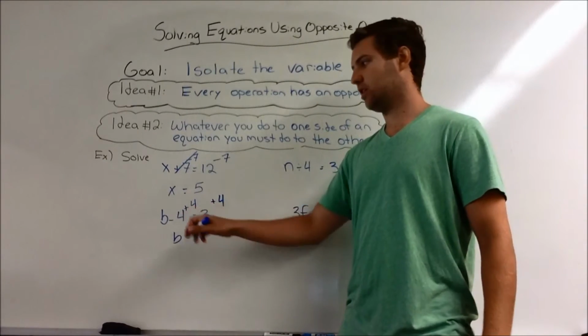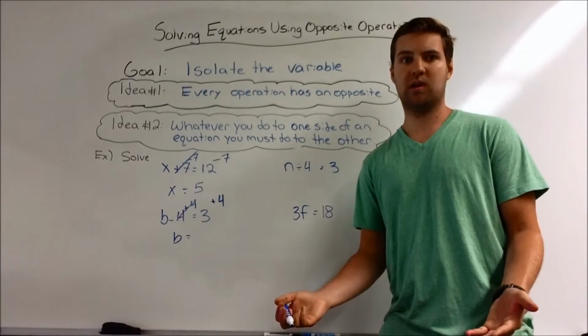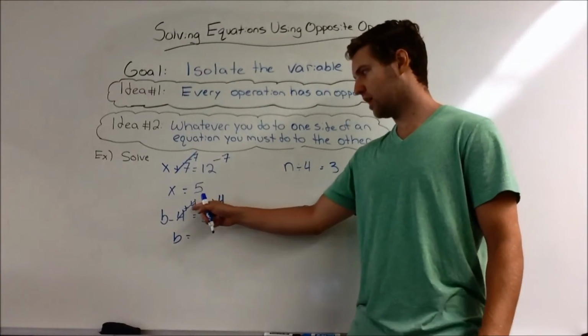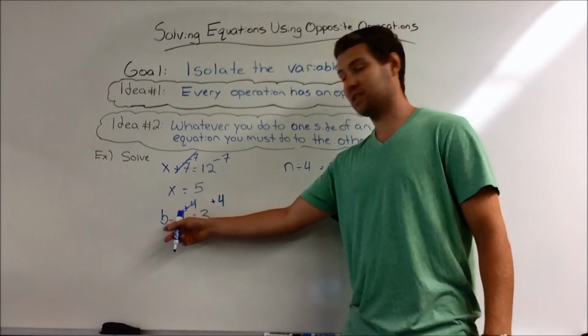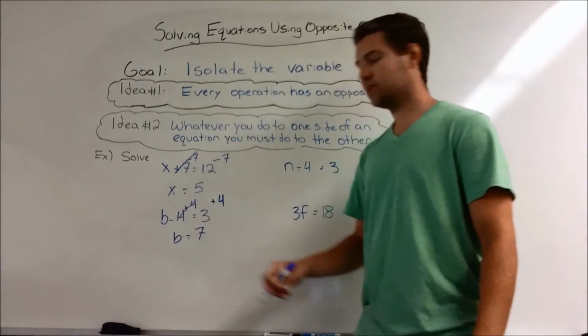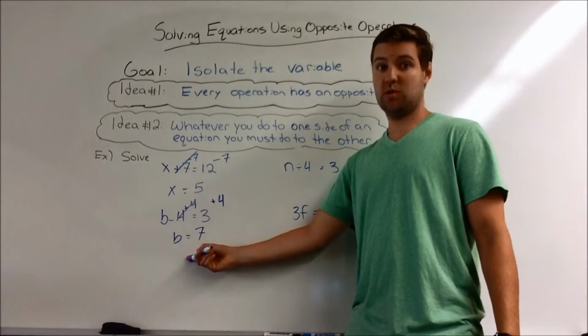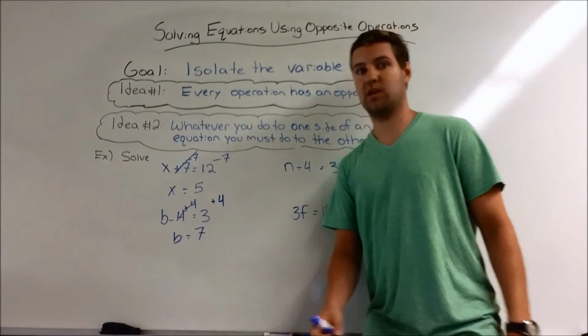Now, on our left side, minus 4 plus 4 cancels out. That's the reason we added 4. We could have added anything we wanted. We chose to add 4 because we knew minus 4 plus 4 is 0, and the only thing that's left is b. And on this side, 3 plus 4 is 7. And we knew that was going to be the answer. We knew 7 minus 4 was 3. And we got that using opposite operations.